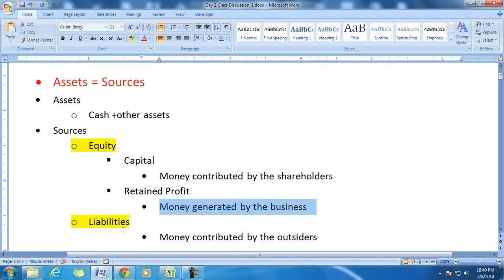The liabilities are the money contributed by outsiders, and these outsiders may be bankers, suppliers, other financial institutions, and sometimes the supplier of capital goods. So there are varieties of different types of liabilities which we will see as we move along.